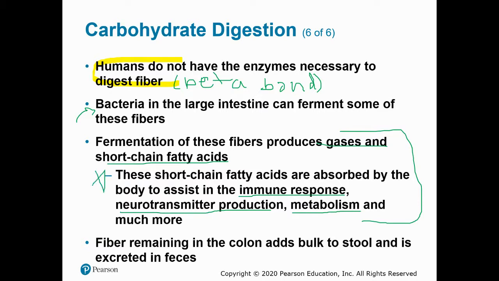So this is part of why we say it's a symbiotic relationship that we have with these healthy gut bacteria, because they digest some of our fiber, and in doing so, they give to us these nutrients that we wouldn't otherwise be able to get. And we then utilize those nutrients for really important life functions. And then again, the rest of the fiber is just going to be used to make the stool and get it out.